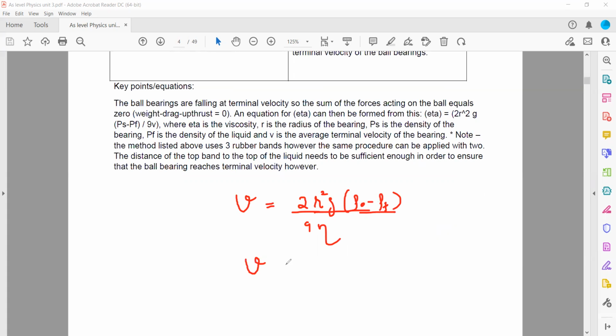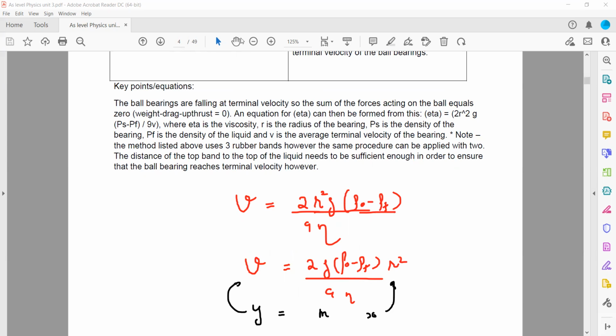So they will have different velocities. If I modify, v equals 2g, the difference in the density, density of object minus density of fluid, times r square divided by 9 eta. Now if I compare with the equation of a straight line, on the y-axis I have the terminal velocity, and on the x-axis I plot r square.